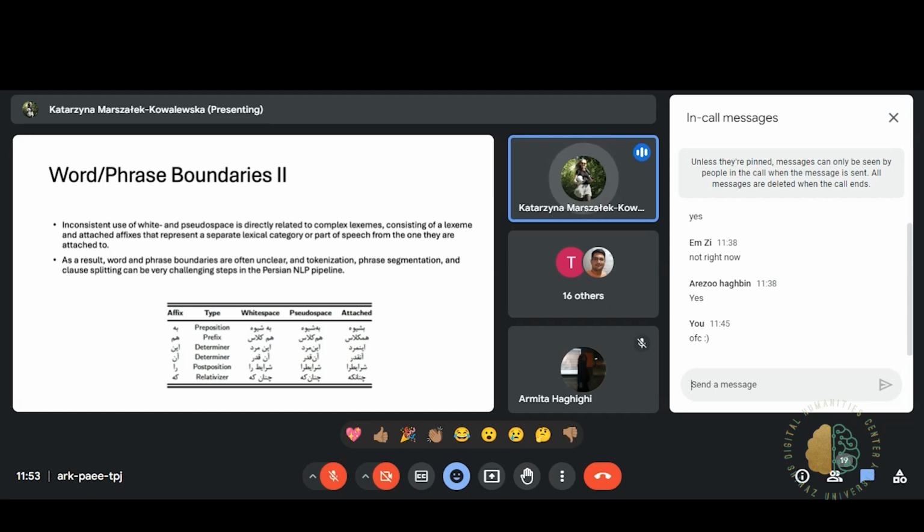As a result of this inconsistent use, word and phrase boundaries are often unclear, which leads to problems with tokenization, phrase segmentation, and clause splitting. The important part to take from it is that tokenization and phrase segmentation are basic blocks of the natural language processing pipeline.